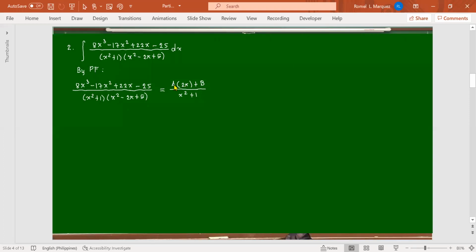Actually, you can have simply ax, but for convenience, so that later you will have an immediate du over u, we take the derivative of this quadratic.